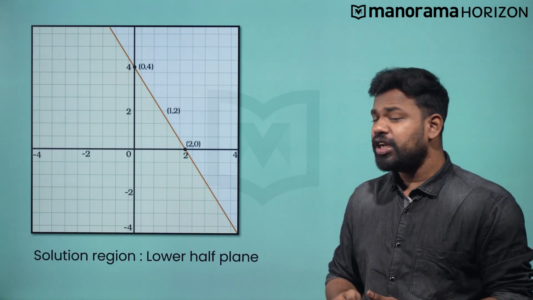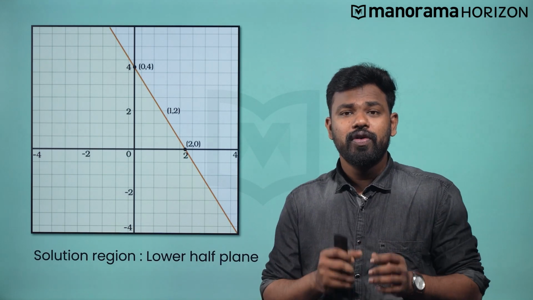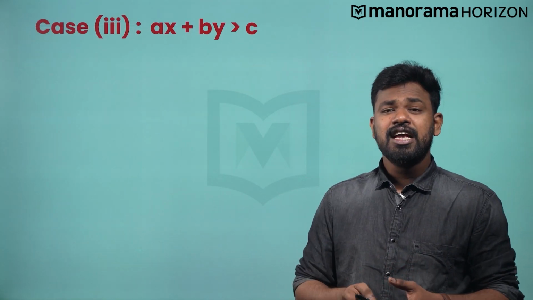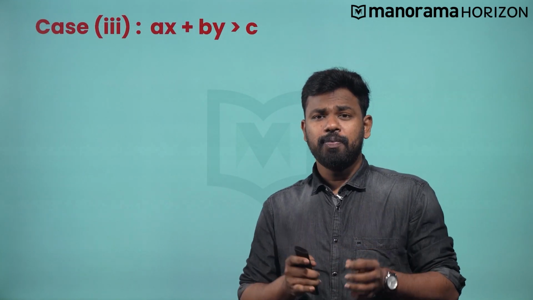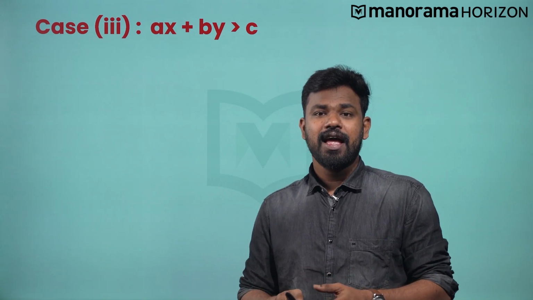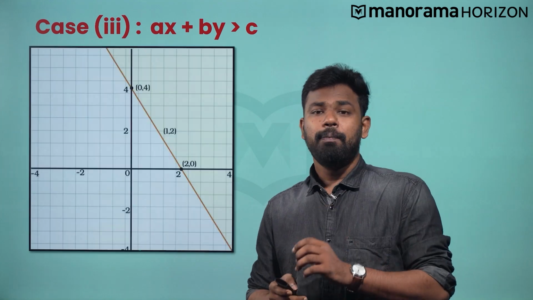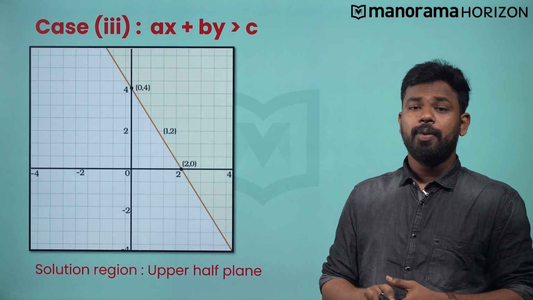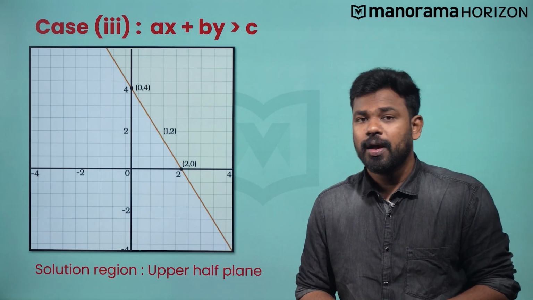Therefore, the solution region here should be the lower half of this particular plane. Similarly, for case 3, that is ax plus by greater than c, all the points (x, y) satisfying it must lie on the upper half plane. Therefore, the solution region is always the upper half region of this particular plane.